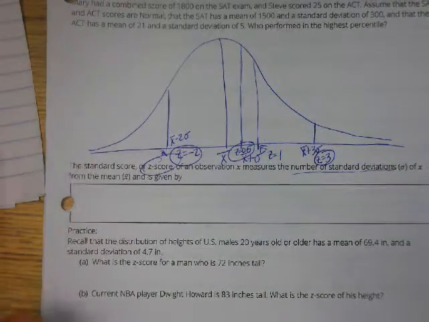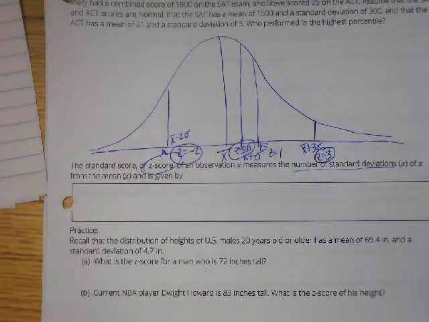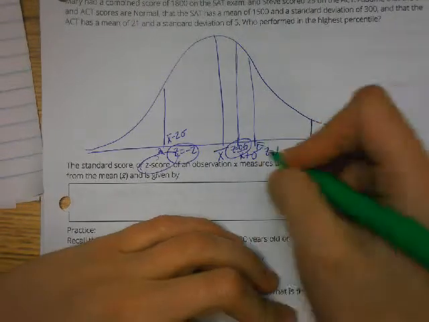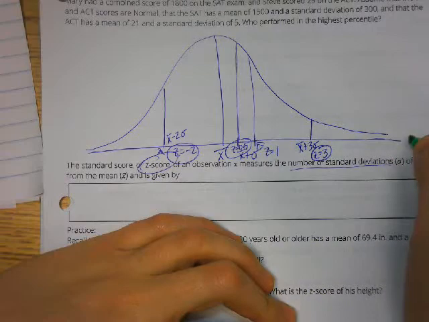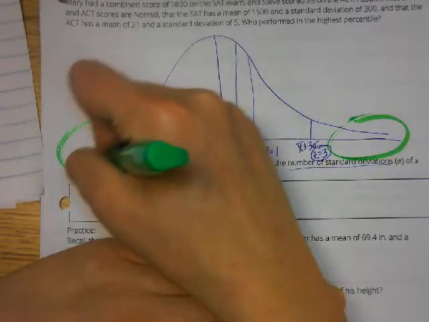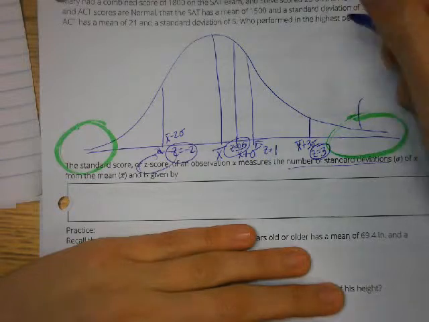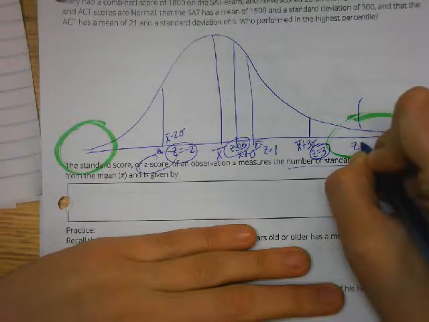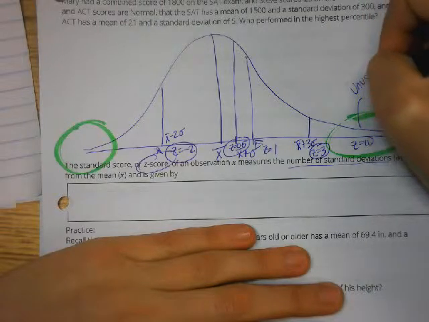So it gives you a gauge of how far to the right or how far to the left you are from the mean. A key point here, the farther away you are, the more standard deviations you are away, the higher your z-score, the closer you are to being in the tails. So this might be like a z of 10. This is very unusual data.